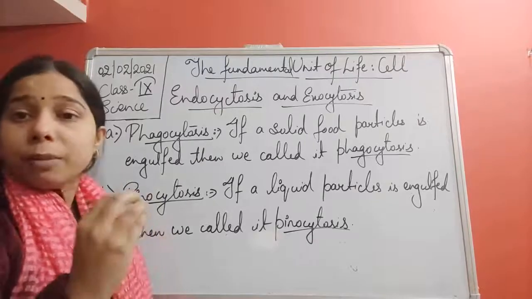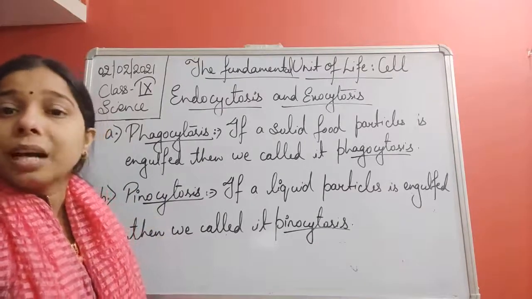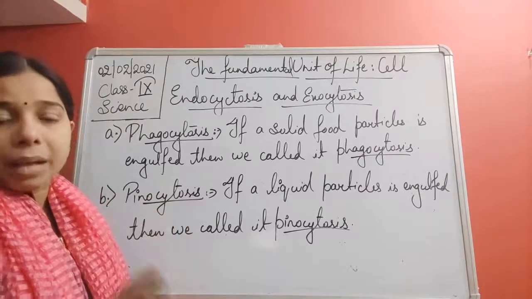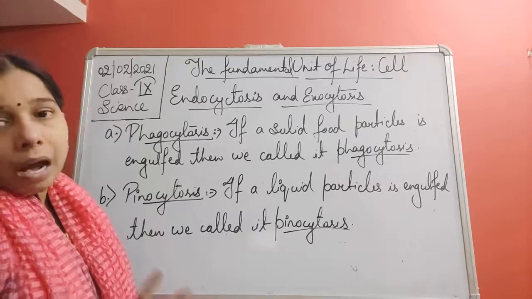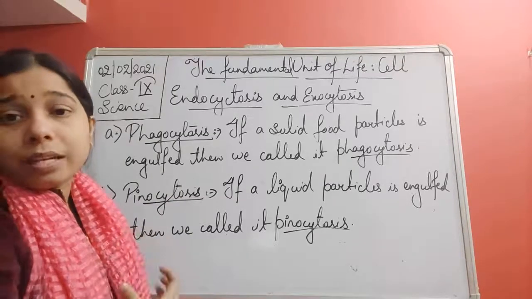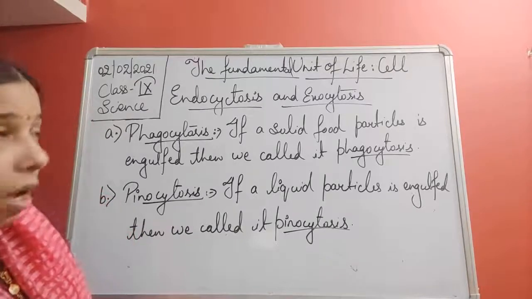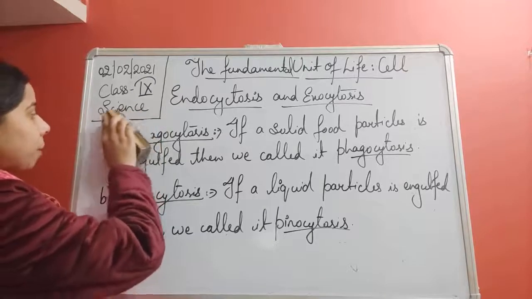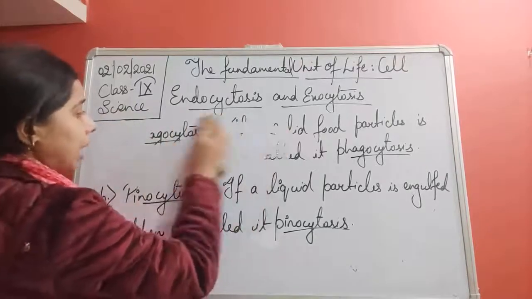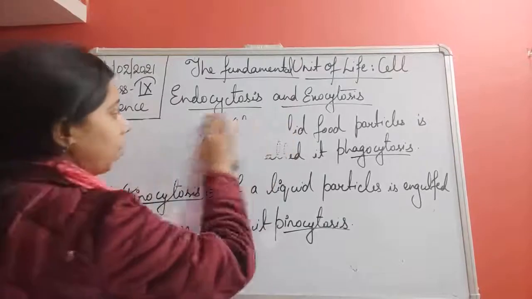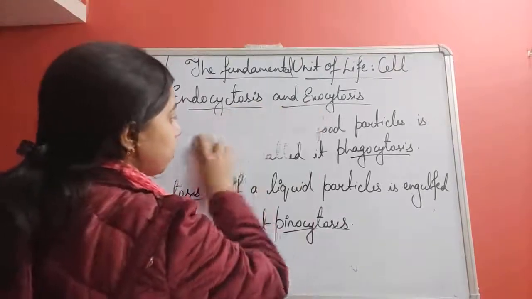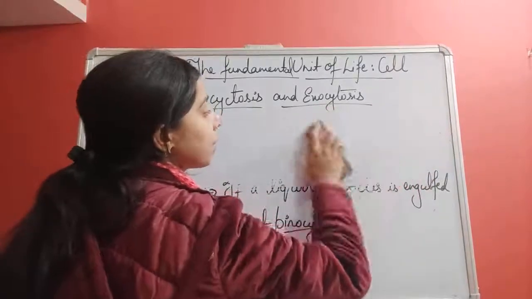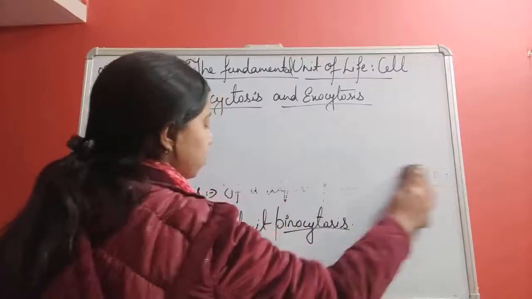The waste material will be present in vesicles, and it will come to the inner layer of the plasma membrane, and when it comes there, it gets expelled out from the plasma membrane. This process of expelling waste material through the plasma membrane is known as exocytosis. These two are very important, students, because many times this question is asked: what do you understand by endocytosis or exocytosis.